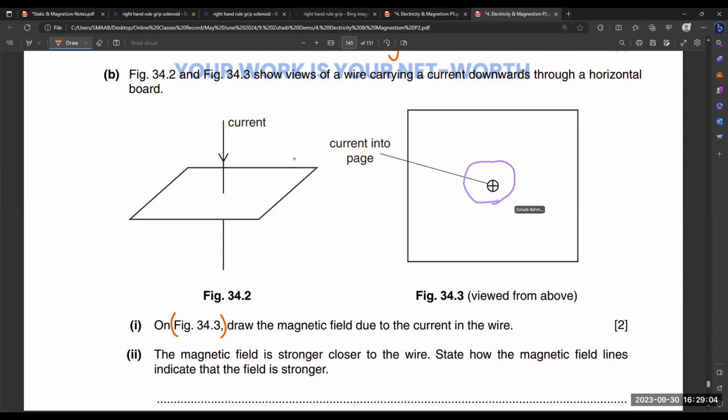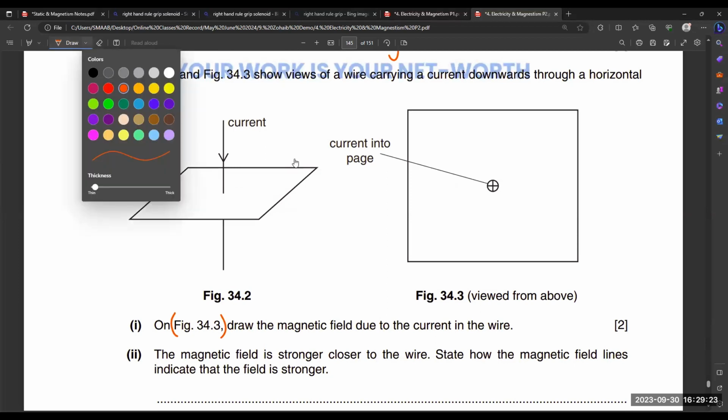So first of all, you have to draw the concentric circles, and the second mark is for the correct direction. And the third important thing is that if you make the field lines, the field lines must be close when we are very close to the conductor, like this.